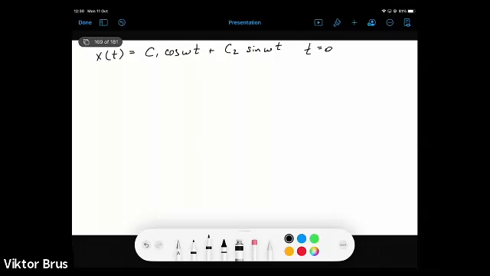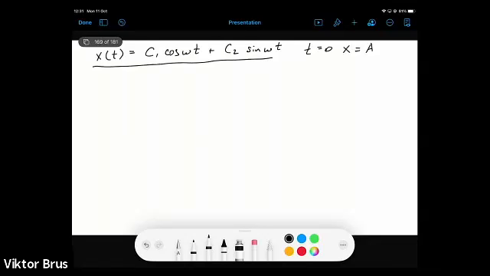As you remember from our figure at the beginning, the displacement x was equal to A, some amplitude value for the displacement in this case. So it was the maximum displacement at t equals 0. Let us substitute this into our general solution and see what we get.